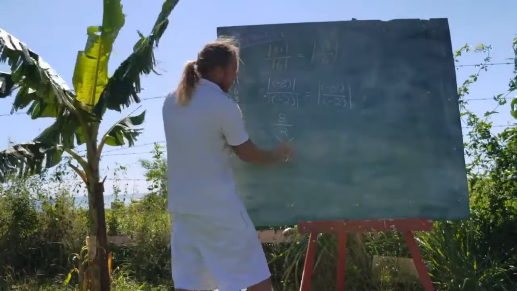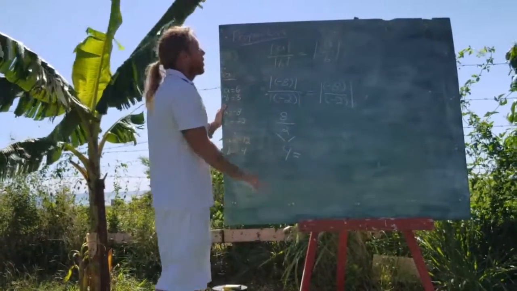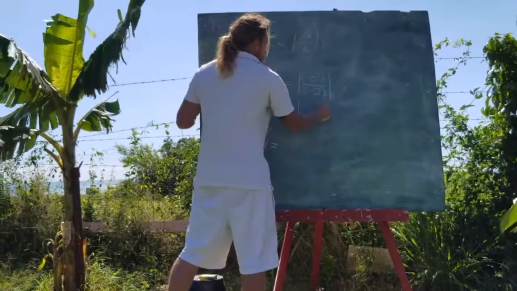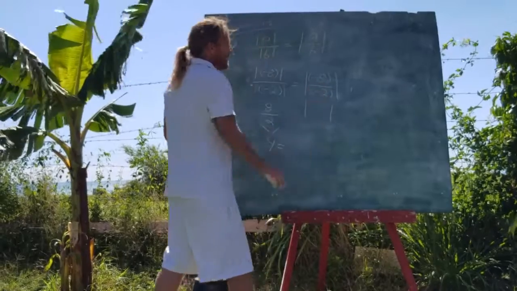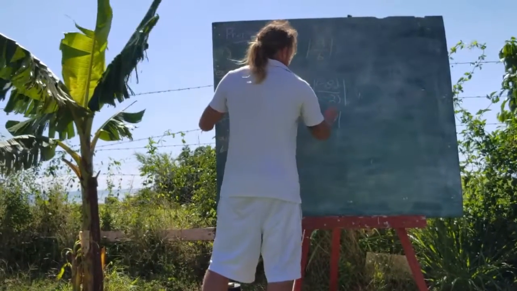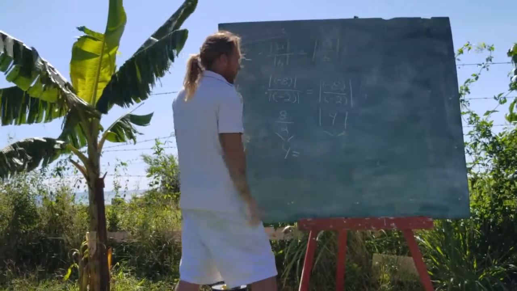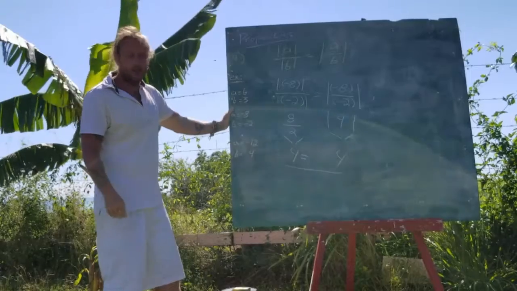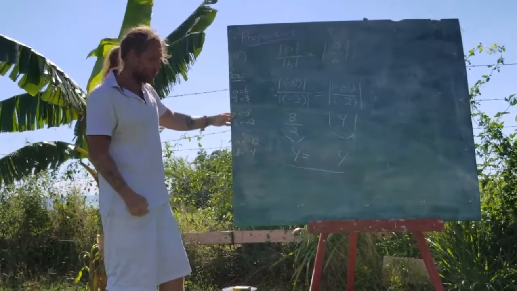So we have 4. Let's see if this side equals 4. We've got an operation to do before the absolute values. So negative 8 divided by negative 2 is a positive 4. Absolute value of 4 is 4. 4 is equal to 4. Holds for both A and B when they're both negative.